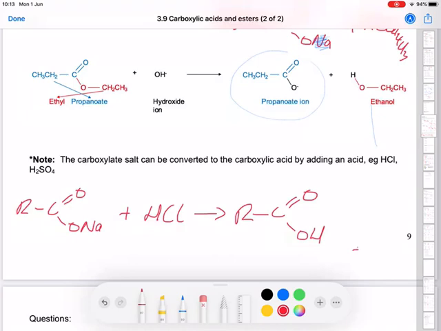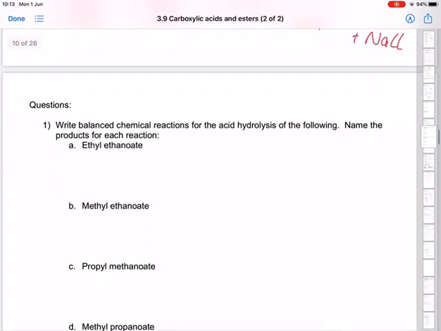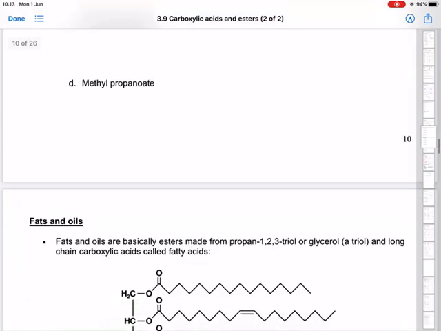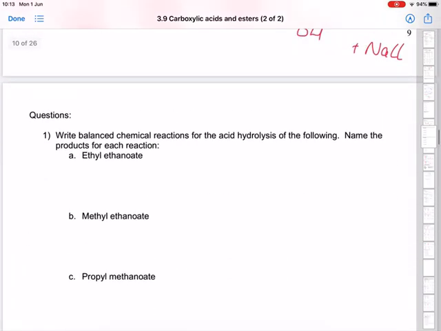So that's the acid recovered, and then what's left over is NaCl. And it comes down to the fact that basically this strong acid here is a better proton donor, so it donates its proton to that. Okay, that's just a point to note really, that how we recover the acids from the salt of the acids when we do alkaline hydrolysis. So again, a few questions for you to have a go at and get back to me.